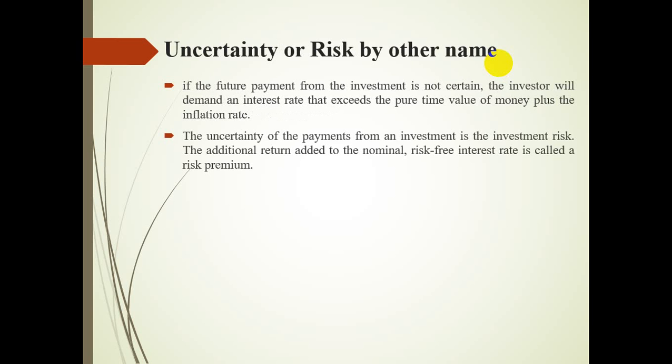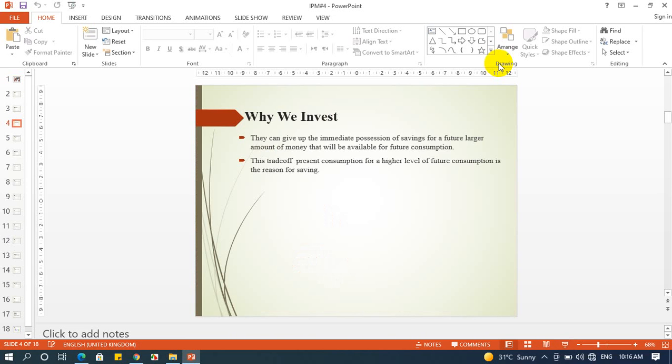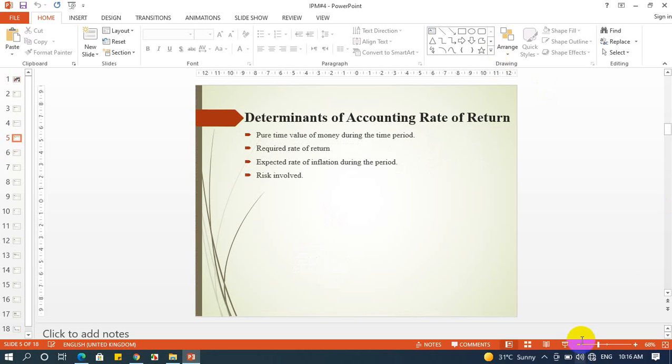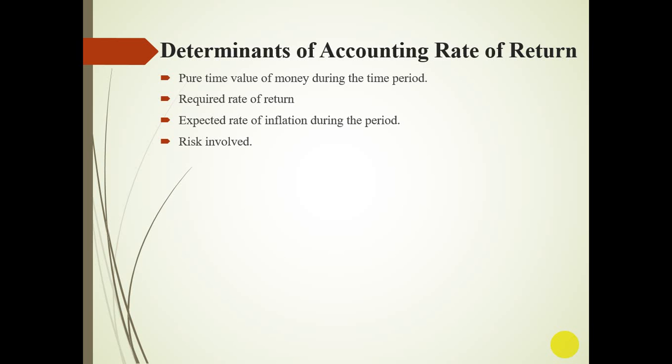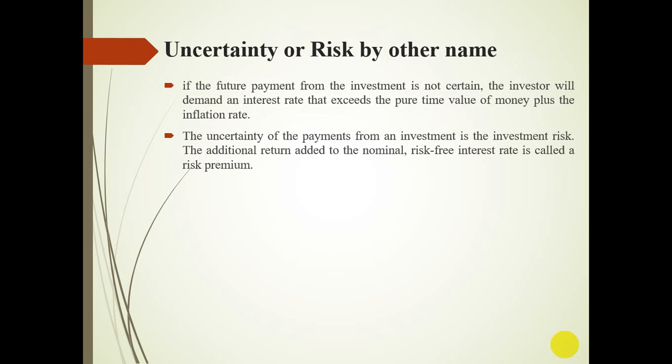And then coming to the next one, that is uncertainty of risk. So these are the 4 reasons that we have, and when we are determining the risk, expected rate of inflation, required rate, and pure time value of money, the uncertainty or the risk is nothing but the losses, it is accepting certain losses for the future, accepting certain risk.